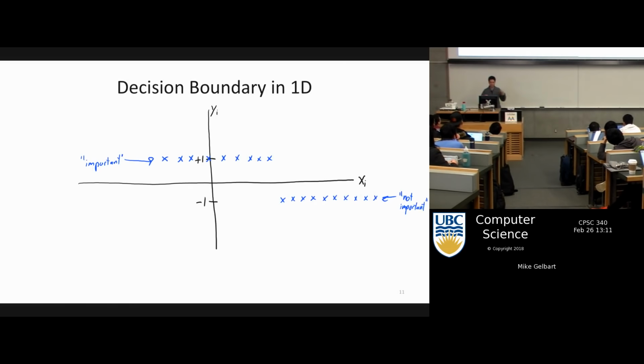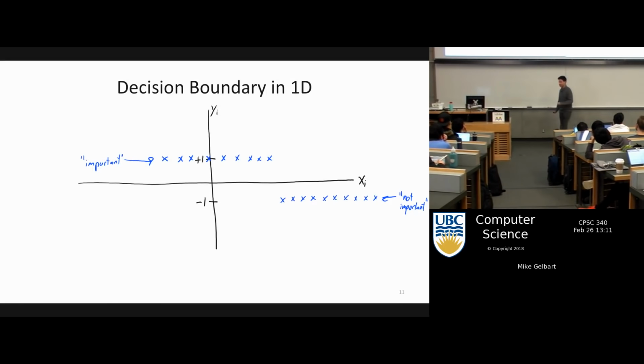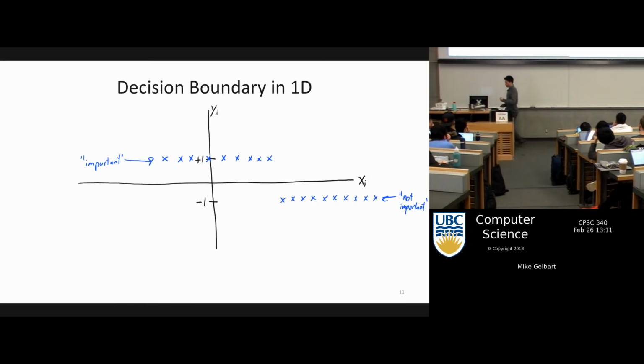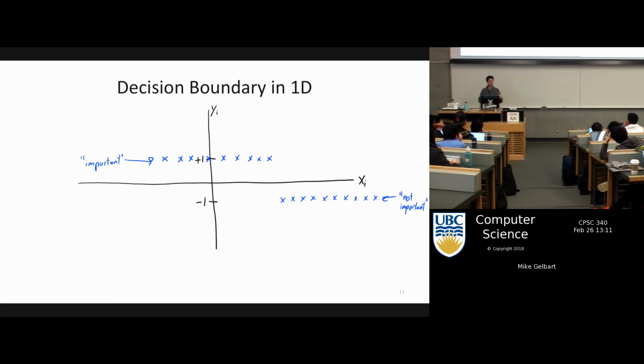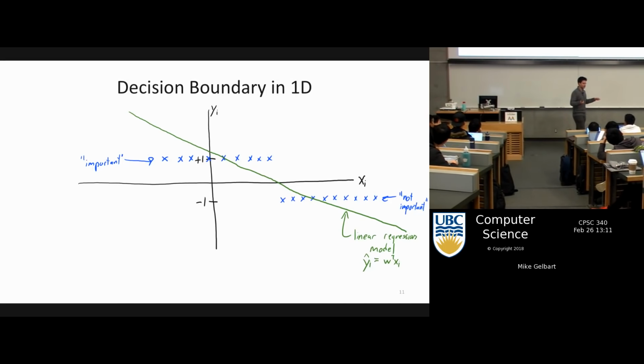And our boundary in one dimension is just going to be some threshold. We're going to say if x is bigger than that, we want to predict not important. If it's smaller than that, we want to predict important. But you should be thinking about that as there is some linear fit underlying that threshold. So this would be the W I would want to learn, this slope. So that when the output of my linear model, in this case just a line with one feature, is negative, I'm going to predict -1, and positive, I'm going to predict +1.